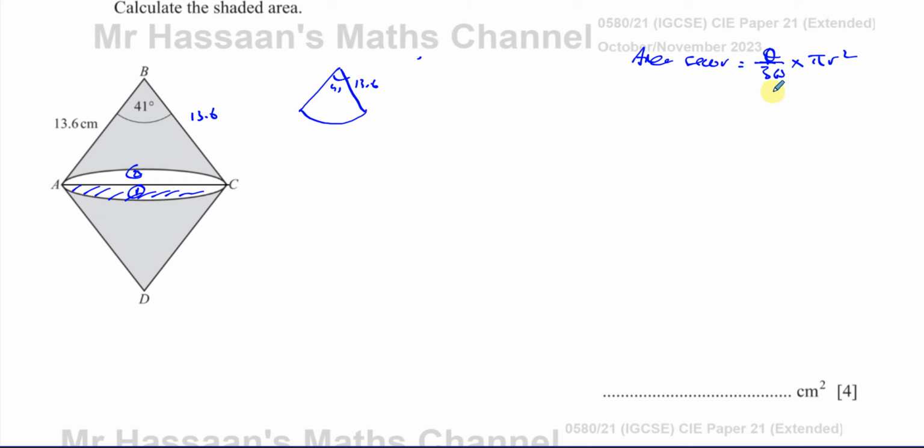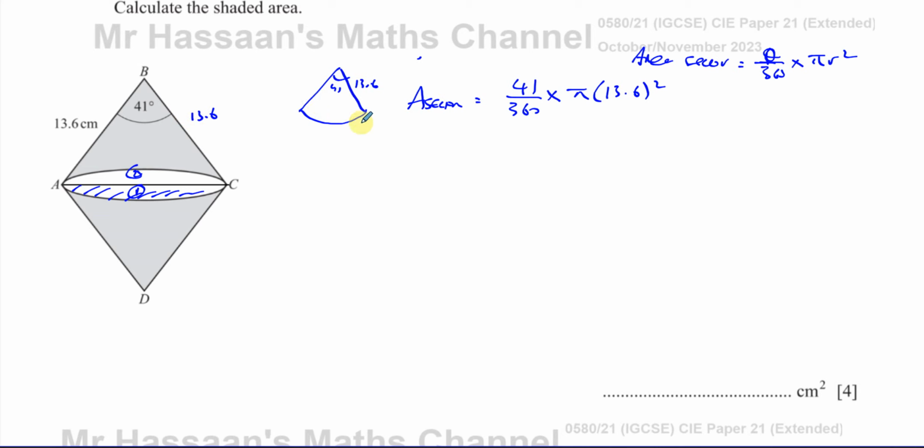We're dealing with degrees, theta over 360 times pi r squared. So the area of the sector is going to be given by the angle 41 over 360, that fraction of the whole area, times pi times 13.6 squared.